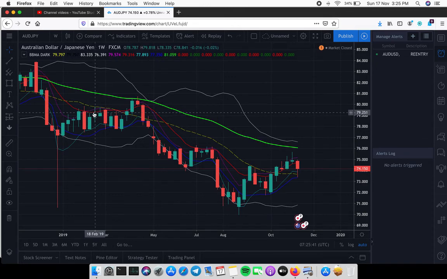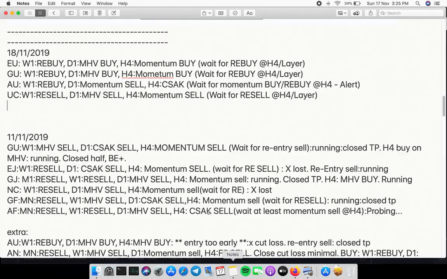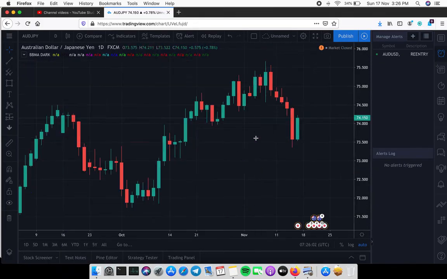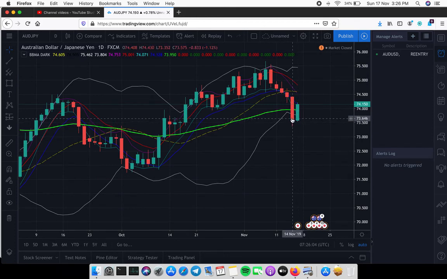But as you can see here, weekly is re-entry buy. D1 is a momentum sell, but the distance from here to low BB is, sorry, not this.